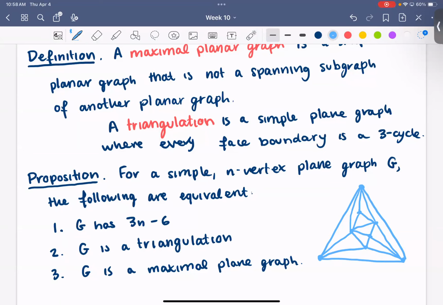And then we could also check that it satisfies this if we wanted to. And I think it makes sense that this is going to be a maximal plane graph because there's not really any way to add an edge without conflicting with something that we already have written there. Okay, does the example help or are there questions?